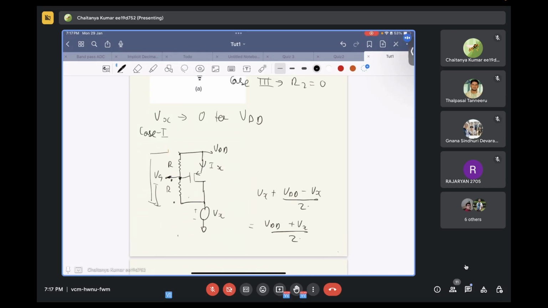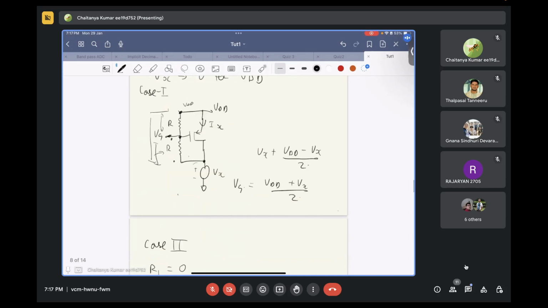But the absolute value of this voltage will be whatever voltage you have from ground to this point plus whatever voltage you have across this resistor. Is this clear? Or conversely, whatever voltage you had over this point minus the voltage across this resistor, both of them will yield the same result, that is VDD plus Vx by 2.